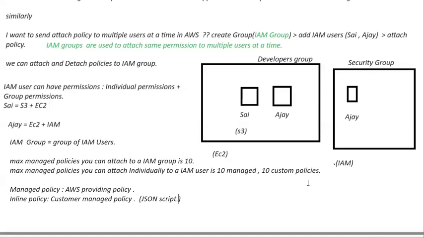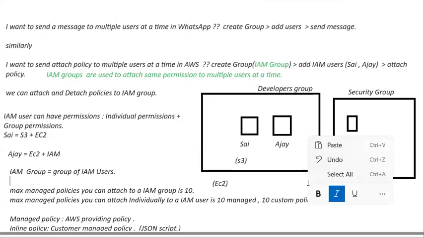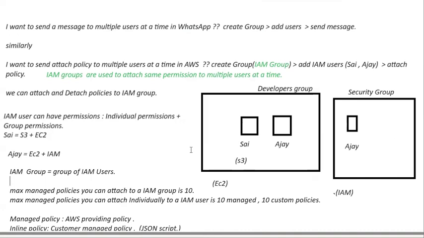Yeah. I hope you understood the theory about IAM group. So let me revise the things. I want to attach the same policy to multiple users. Then what is the service that I need to use? IAM group. We create an IAM group with any group name, attach the users that I want to provide the same policy, and then attach the policy to that group.